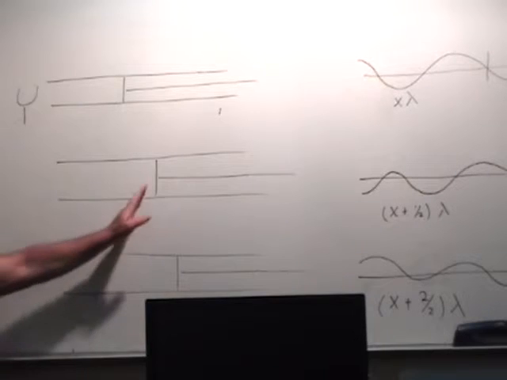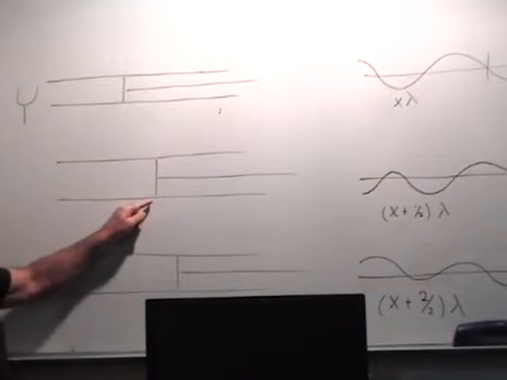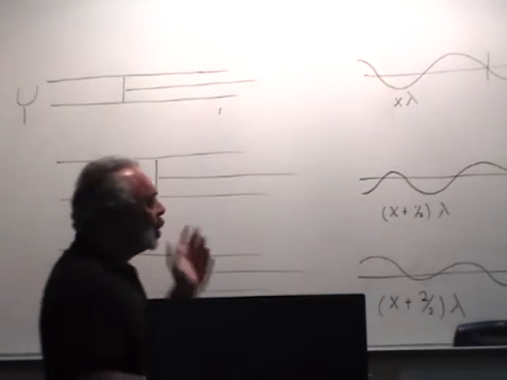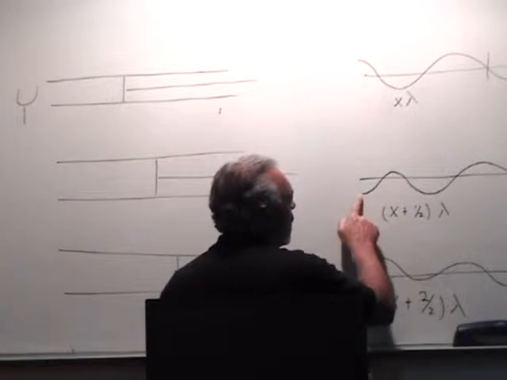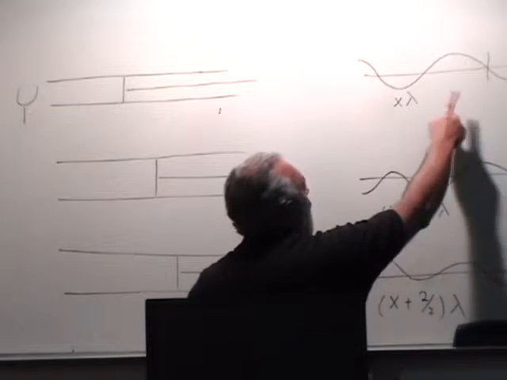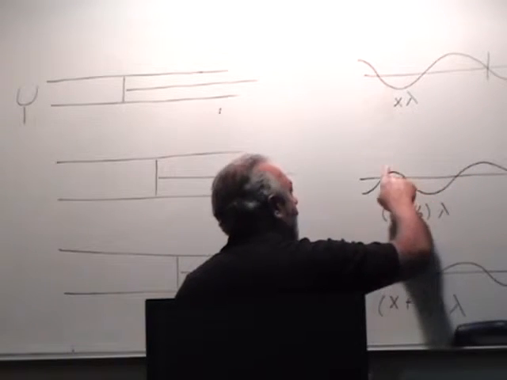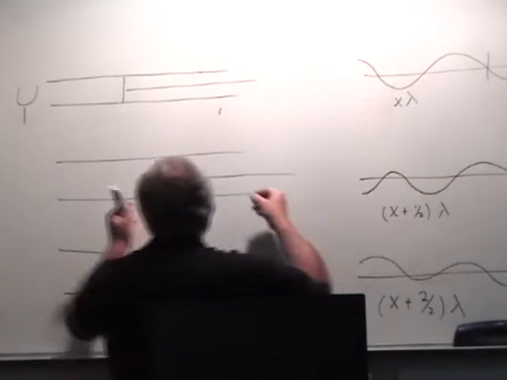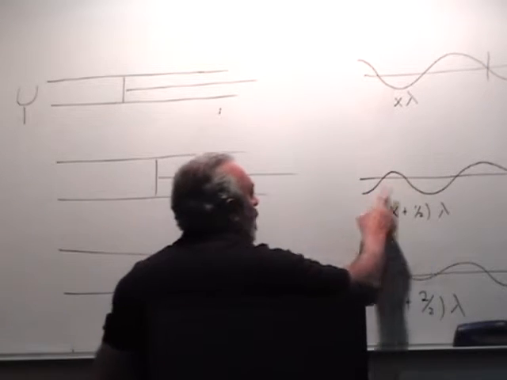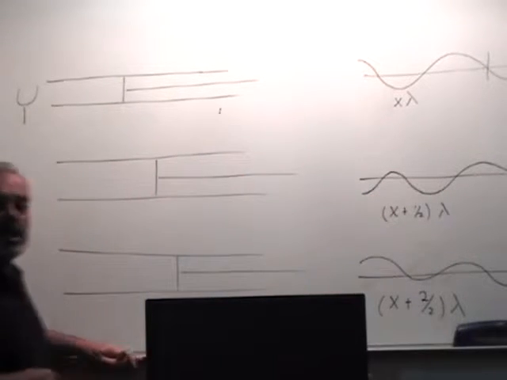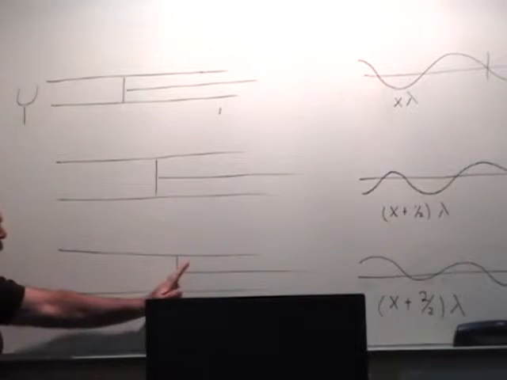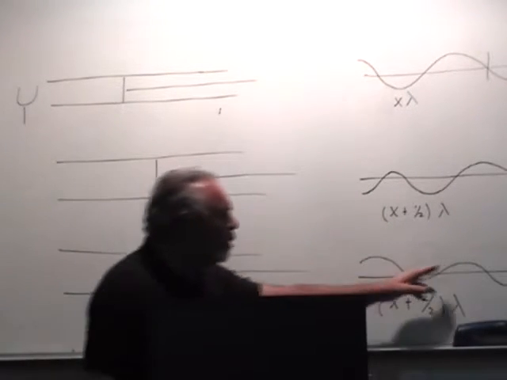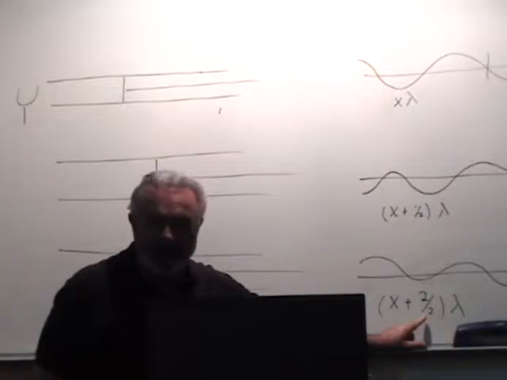However, the very next point of resonance is when the picture would look something like this. Notice that the next point of resonance is an antinode here, a node there, and this time what I've done is I've added a half a wavelength. So as soon as the piston has moved a half a wavelength further, then we find the next resonance. And likewise, the third resonance that I show here is we move yet a second half wavelength further.